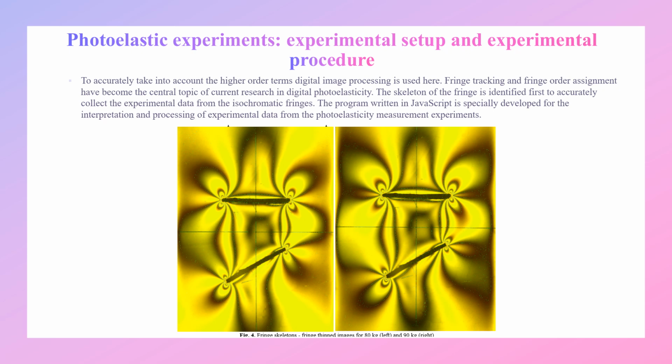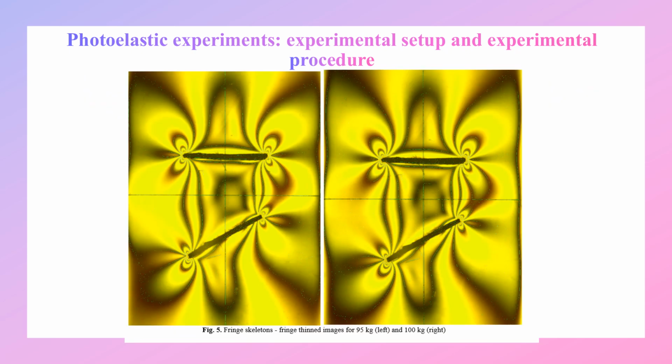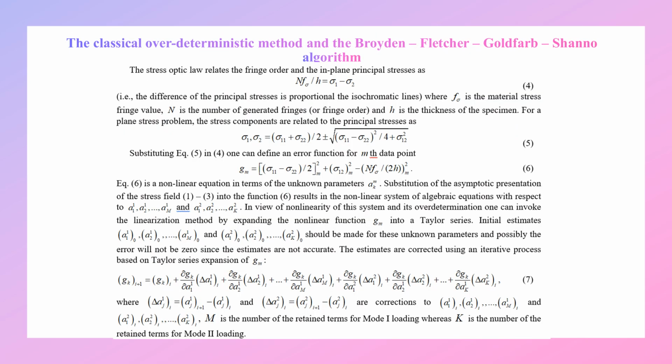The skeleton of the fringes is identified first to accurately collect the experimental data from the isochromatic fringes, and the program is written in JavaScript. The program is specially developed for the interpretation and processing of experimental data from the photoelasticity measurement experiments. Here you can see green points forming the skeleton.